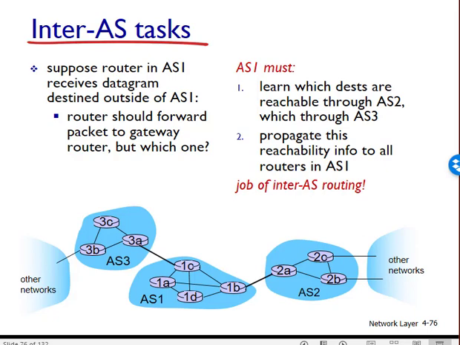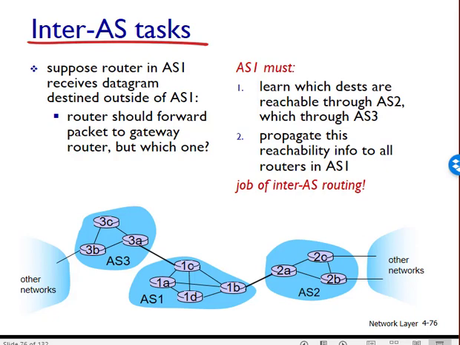To solve this problem, AS1 needs, first, to learn which destinations are reachable via AS2 and which destinations are reachable via AS3. Second, to propagate this reachability information to all routers within AS1 so that each router can configure its forwarding table to handle external autonomous system destinations.